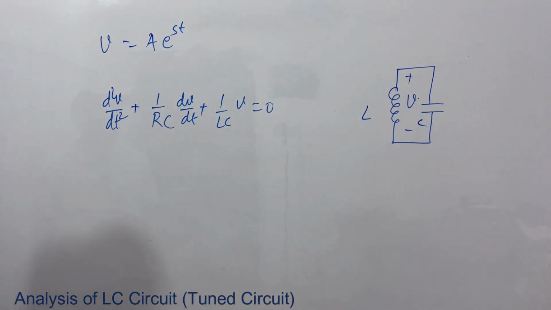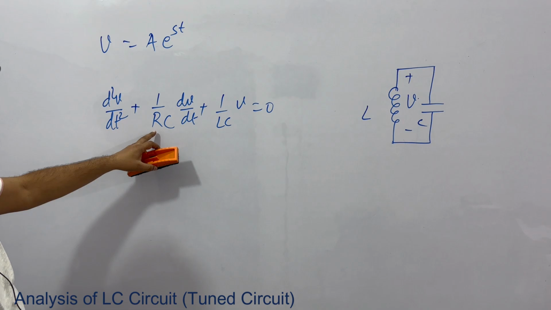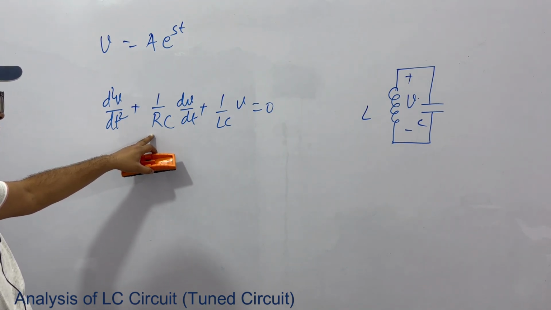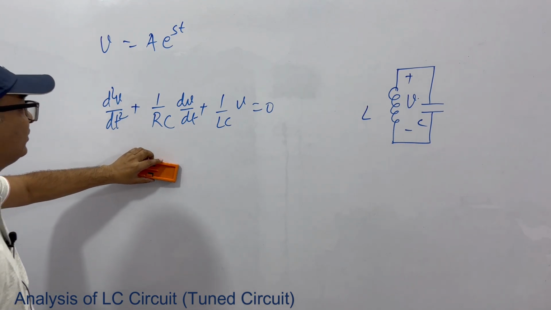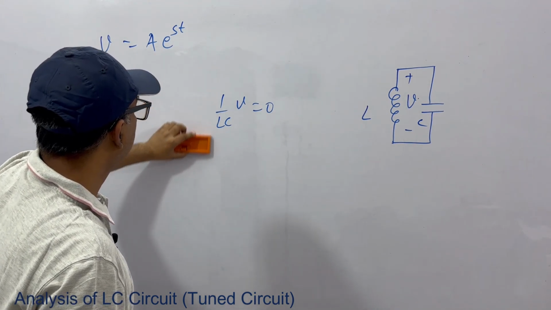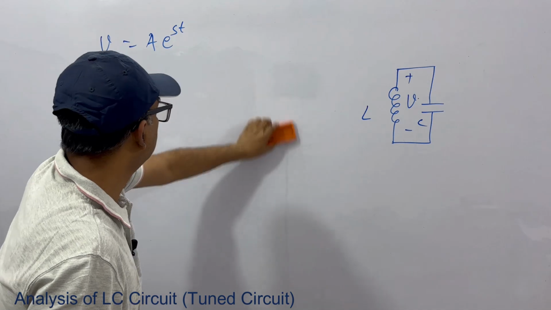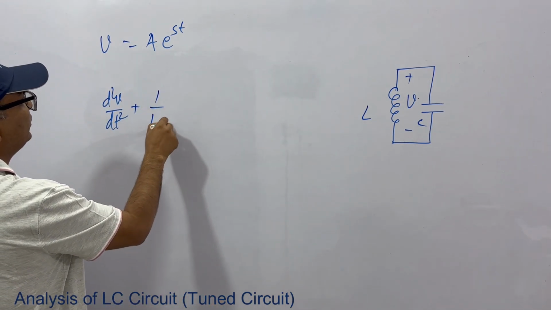This was for the parallel RLC circuit. And what I told you in the start is that for a parallel circuit R tends to infinity. So when R tends to infinity, this term is gone, this is 0. So the equation is 1 by LC V.